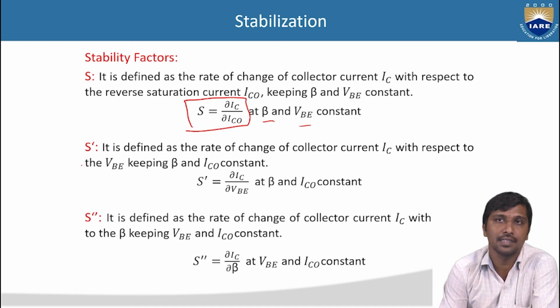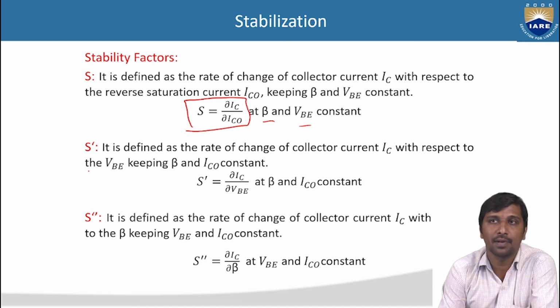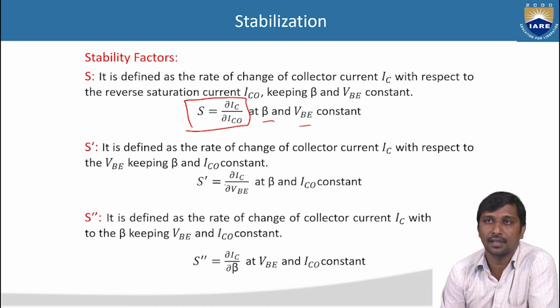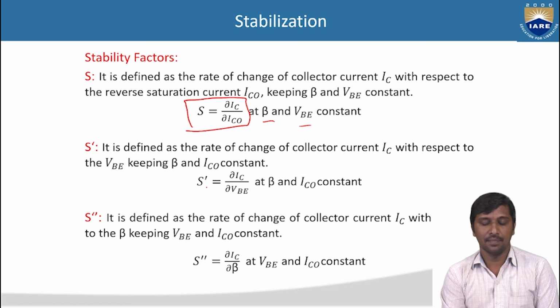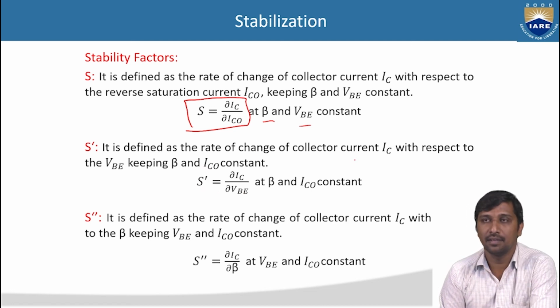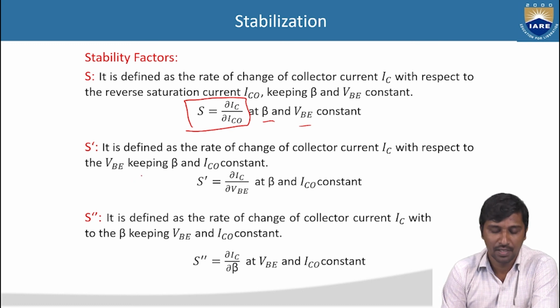Similarly, S dash observes how the collector current changes with respect to the change in base to emitter voltage. S dash is defined as the rate of change of collector current with respect to VBE, keeping beta and IC naught constant.